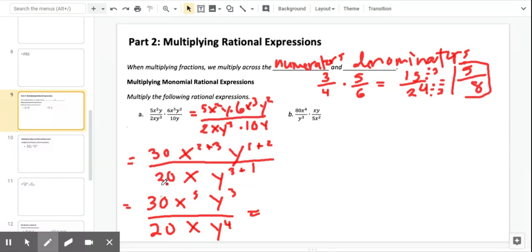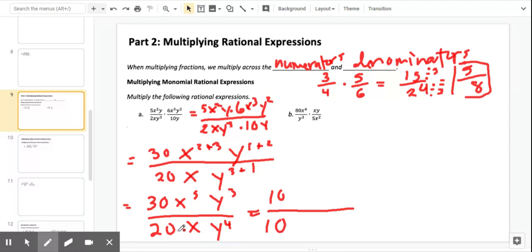Now, let's simplify. Actually, let's think about it by taking out GCFs. I can factor a 10 out of both the top and the bottom, because 10 goes into both 30 and 20. Now let me look at the x's.